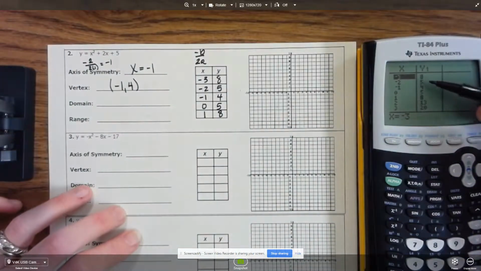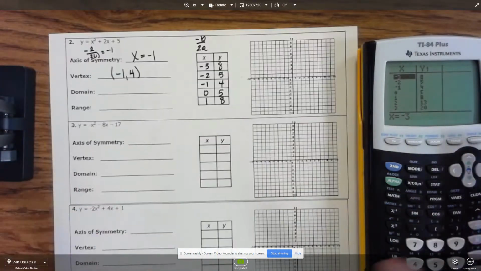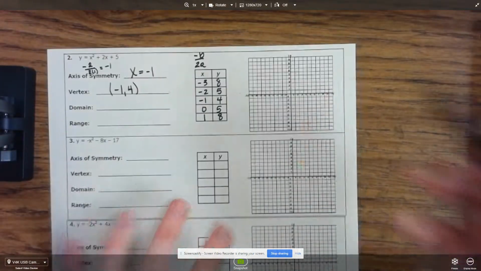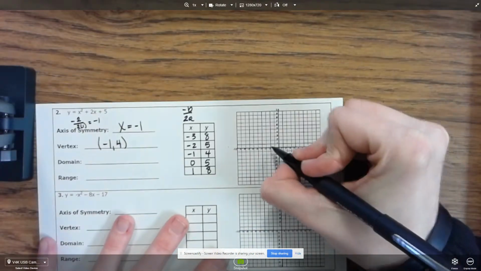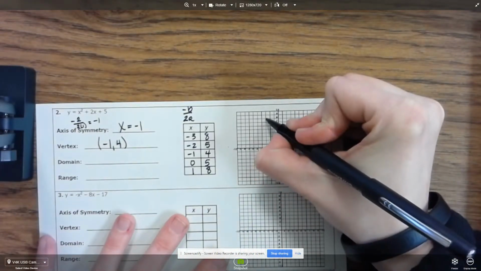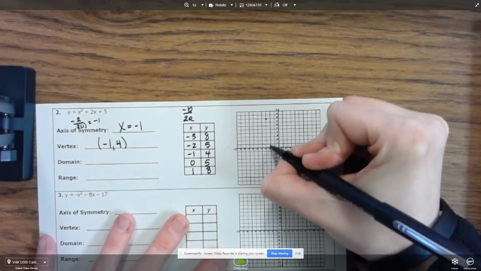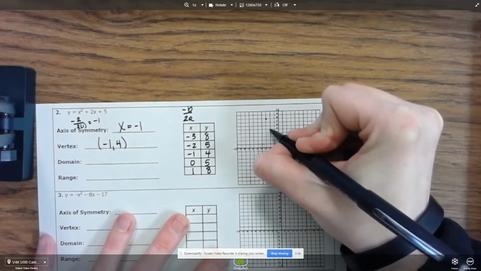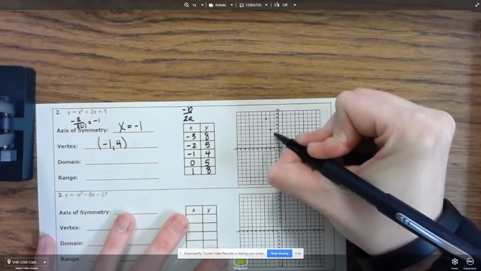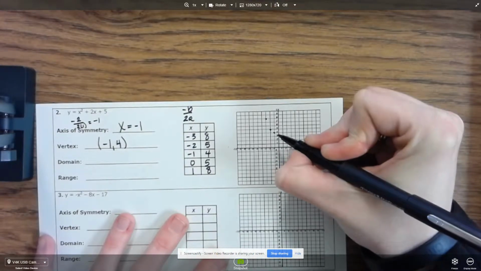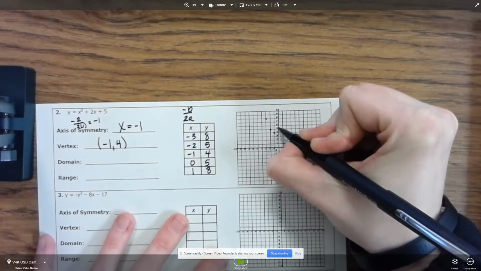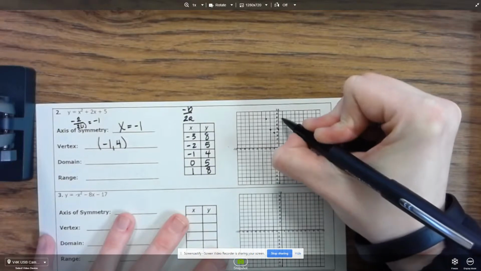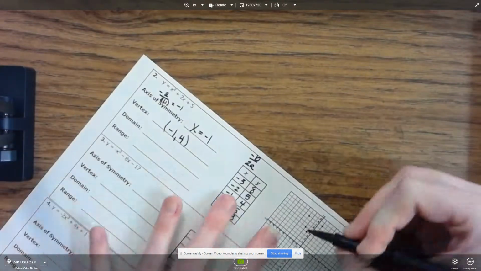And so I'm copying down exactly what's in my table here. And again, that gives you points to graph: negative 3, 8; negative 2, 5; negative 1, 4; and then you've got 0, 5, and then 1, 8.